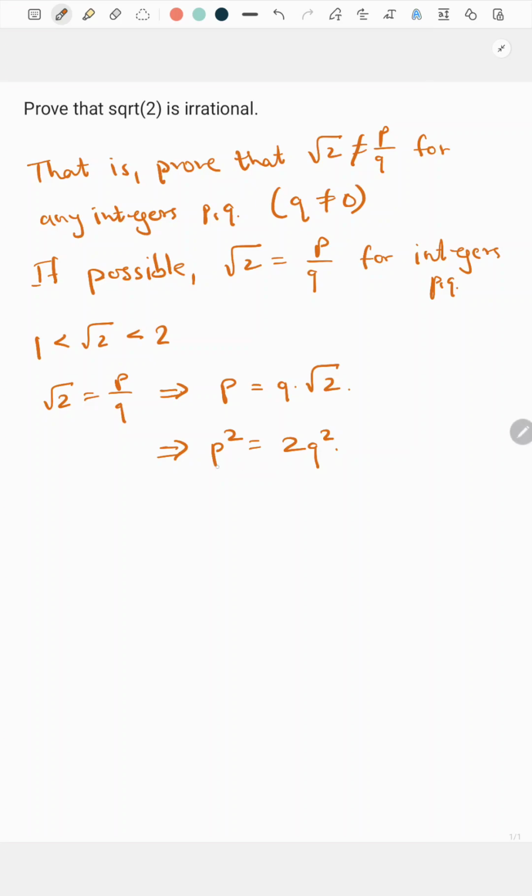What this means is that p squared is 2 times something, so it is an even number. That must mean that p is an even number.